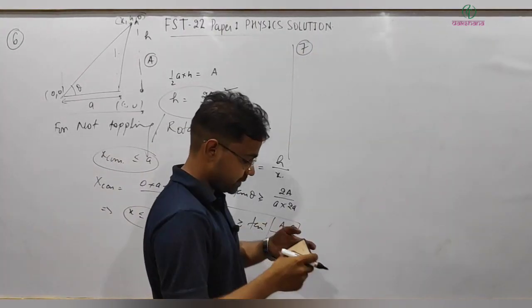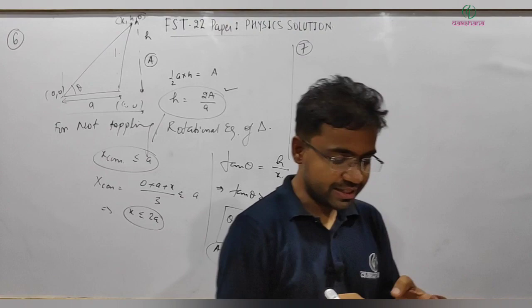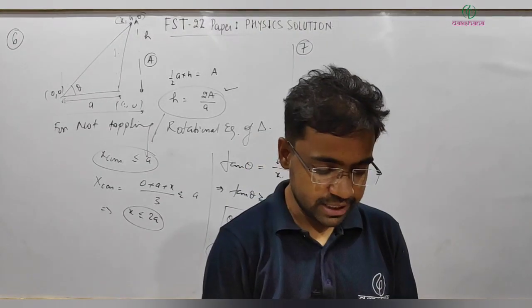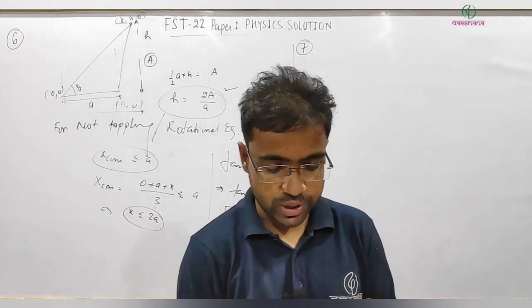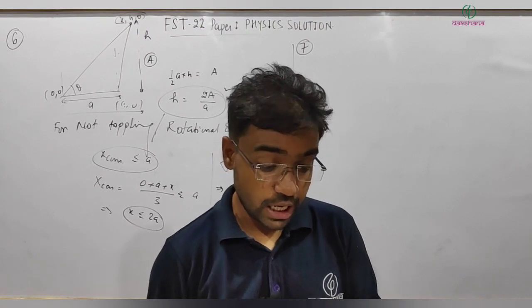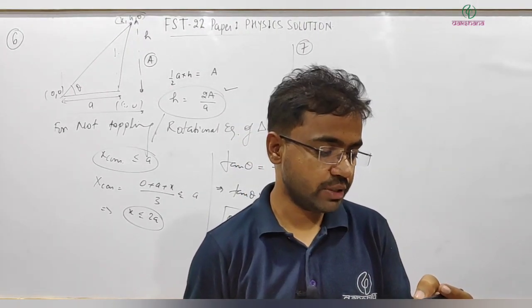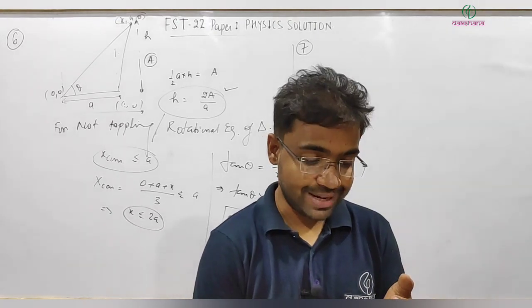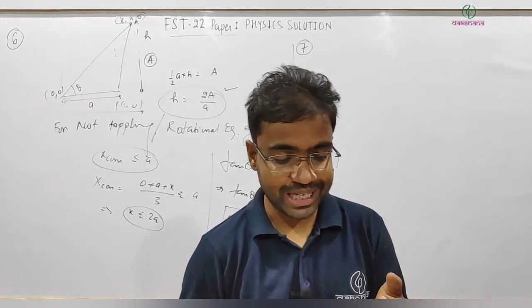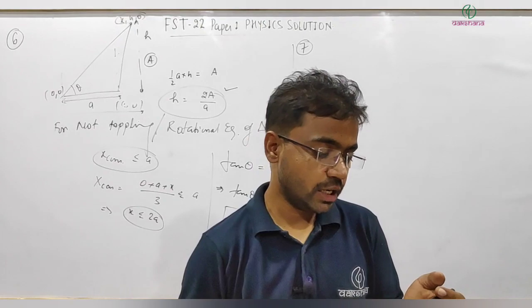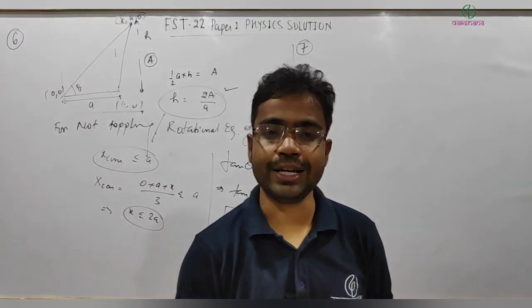Next, question number 7. A vessel is partly filled with liquid. When the vessel is cooled to a lower temperature, the space in the vessel unoccupied by the liquid remains constant. Then the volume of the liquid VL, volume of vessel VV, and coefficients of cubical expansion of the material of the vessel and liquid are related.